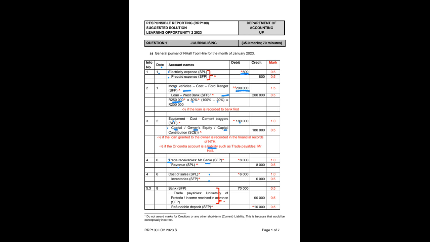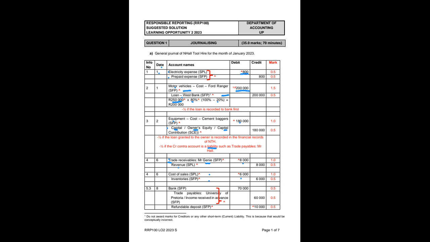So just pay careful attention to that going forward. And the amounts, 8,000, 6,000. Notice only half a mark was awarded for these two amounts, and that's because we simply plucked them out of the question. So there wasn't much thought that needed to go into it from our side.